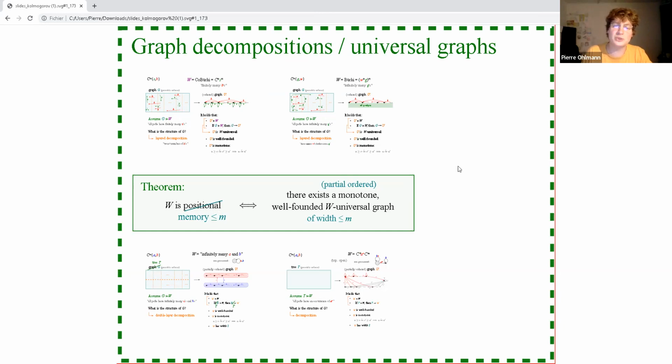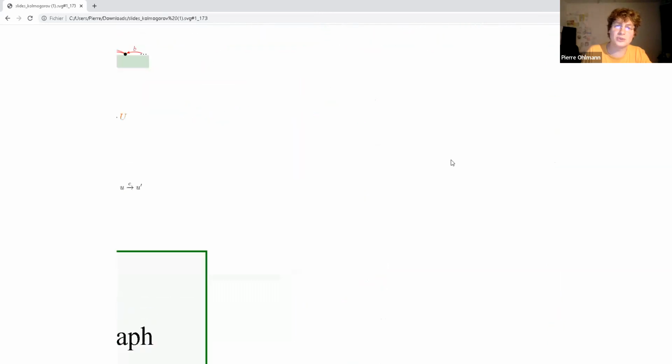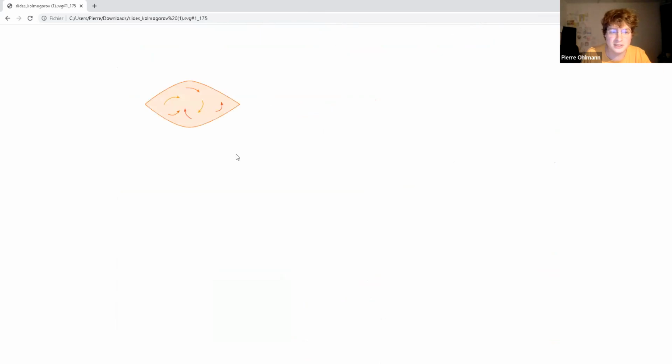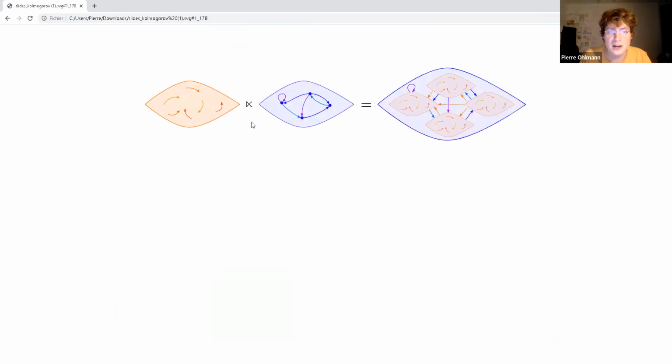So what I wanted to do next is to talk really quickly about these lexicographical products. Again, I will be quick here because I think it's a bit non-essential, but it gives you one application of the result. So here's the picture. Let's say we have a red-orange graph, with several reddish colors, and this is a graph with also a partial order.